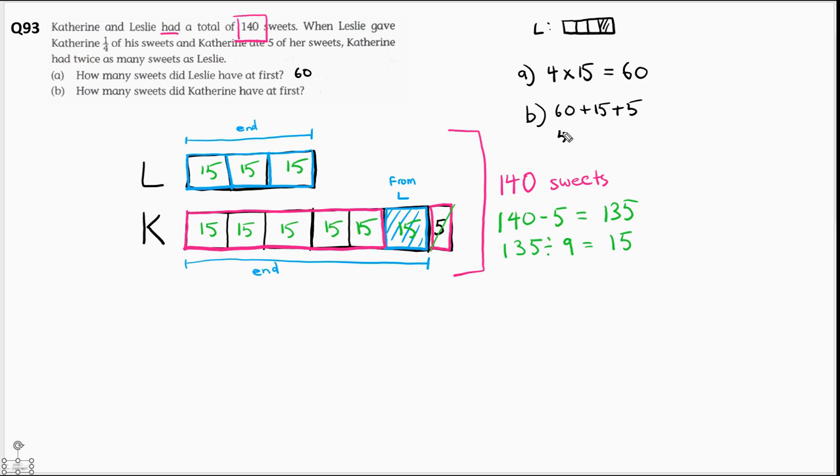We could just do 5 times 15, which is going to be 75, sorry, and then plus the 5 to give us a grand total. However we're going to calculate it, it's a grand total of 80.